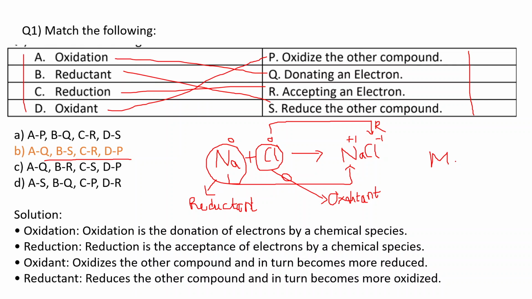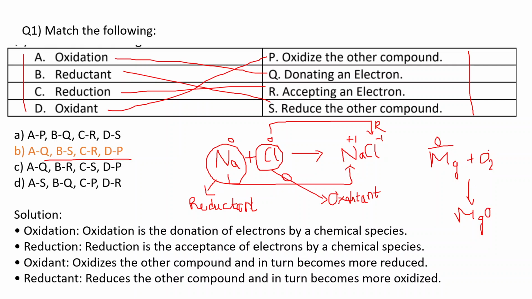For example, the combustion of a magnesium strip. When magnesium, which is in metallic form, comes in contact with oxygen, it forms MgO. What happened?